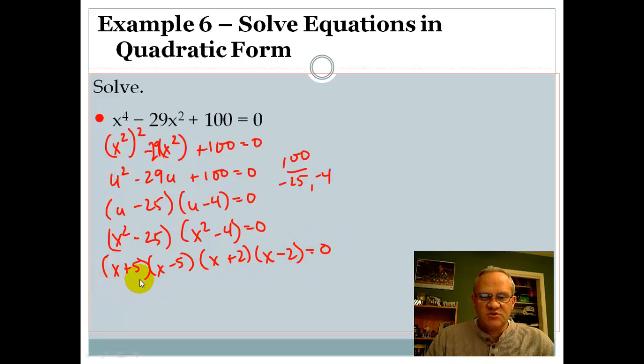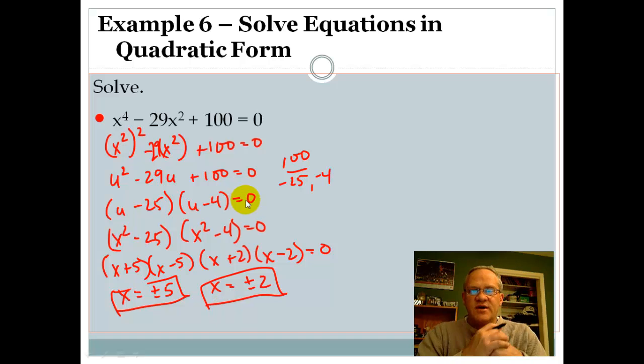So then what would make each part equal 0? X here could equal negative 5 or positive 5. You could write it as plus or minus 5. And then negative 2 or positive 2, which you could write as plus or minus 2. So 5, negative 5, 2, or negative 2.